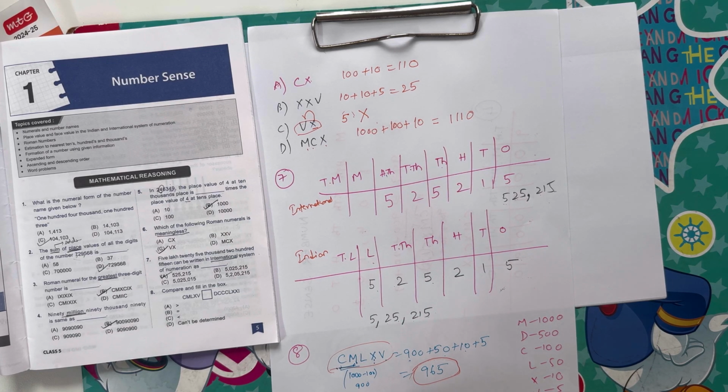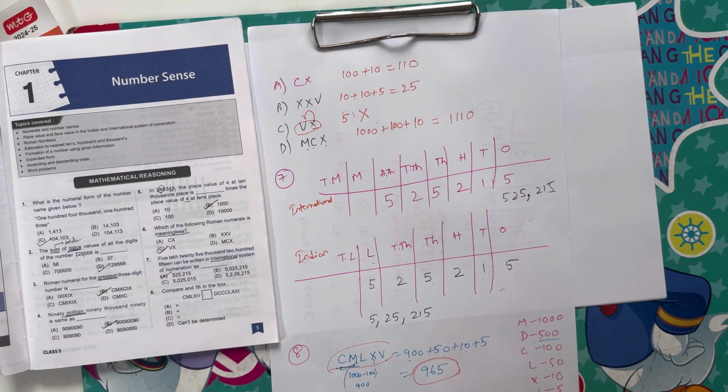Now let's move on to the next one. DCCCLXXI. You know D is 500, which I already told you. Then C is 100, 100, 100. L is 50, X is 10, X is 10, plus 1.